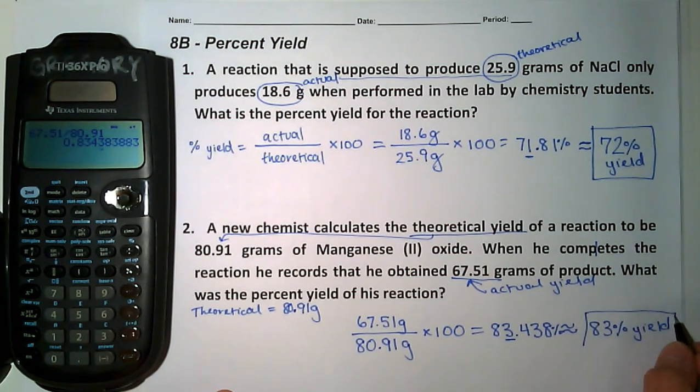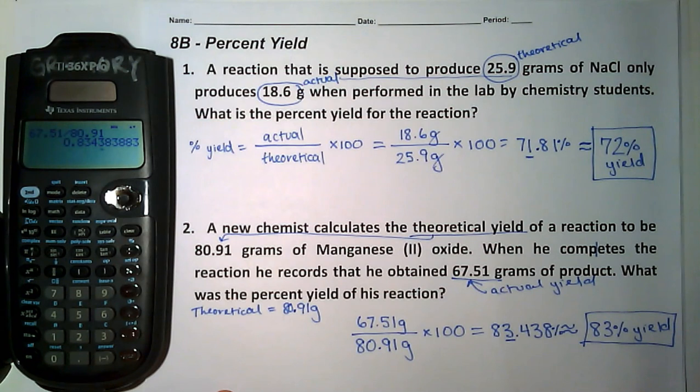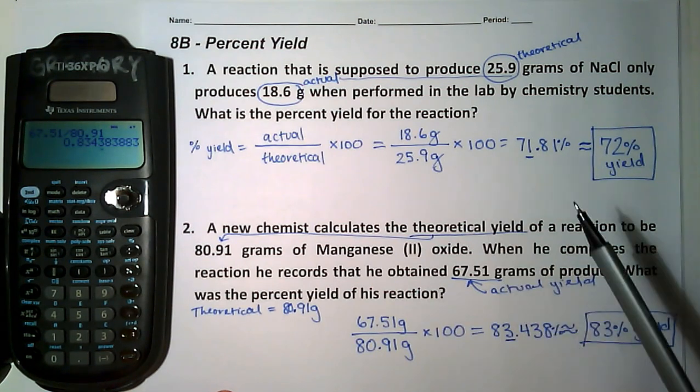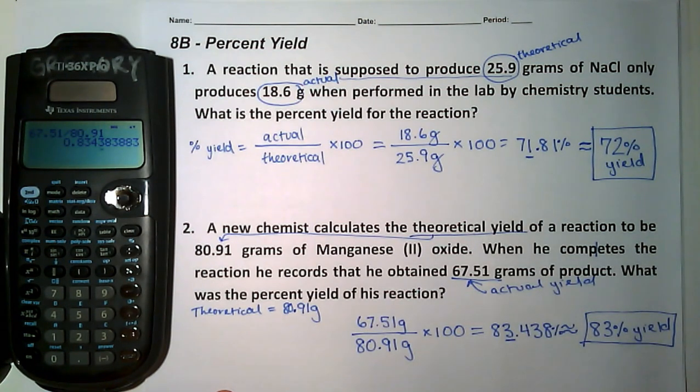So percent yield is just a way of scientists showing how successful a reaction was. So basically how well the reaction went. We can calculate out how much of something we're supposed to get, but then when we do a reaction in the lab, generally speaking, we don't get as much as we're theoretically supposed to. And this can be for a variety of reasons. Maybe some of the reactant got dropped out of your beaker or what you're mixing the reactants in.